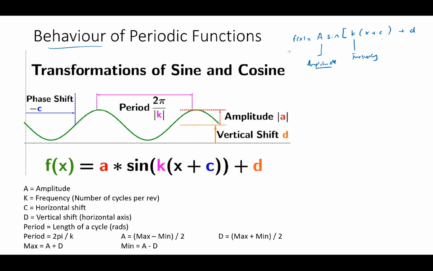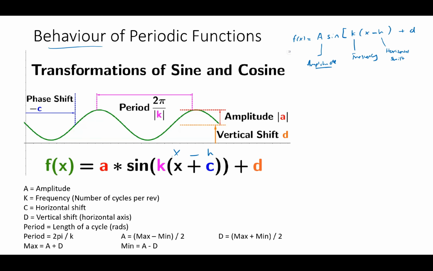K is the frequency, c is the horizontal shift. Okay, and usually I write horizontal shift as x minus h, right? Let's write this as x minus h, actually. So I'm going to use negative h for this instead.